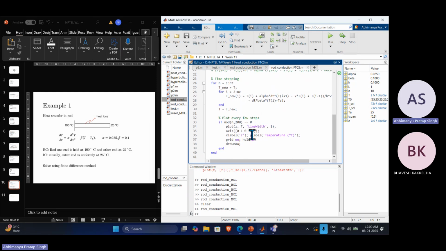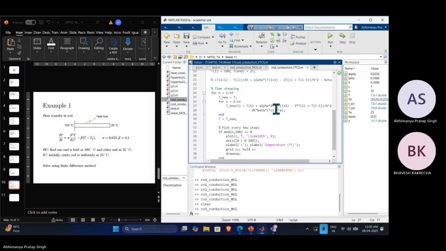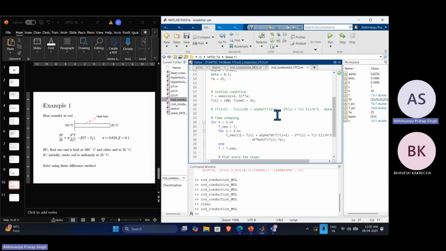And then I'm just plotting. So we solve this equation. Also you will see that we are not checking for convergence. We are just initializing this temperature with 25 degrees Celsius, and then we are simply running this explicit time scheme. Okay.